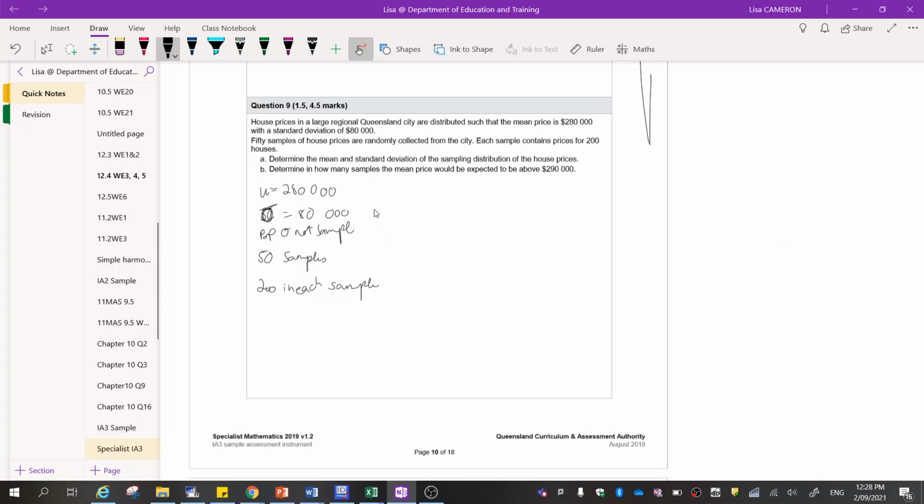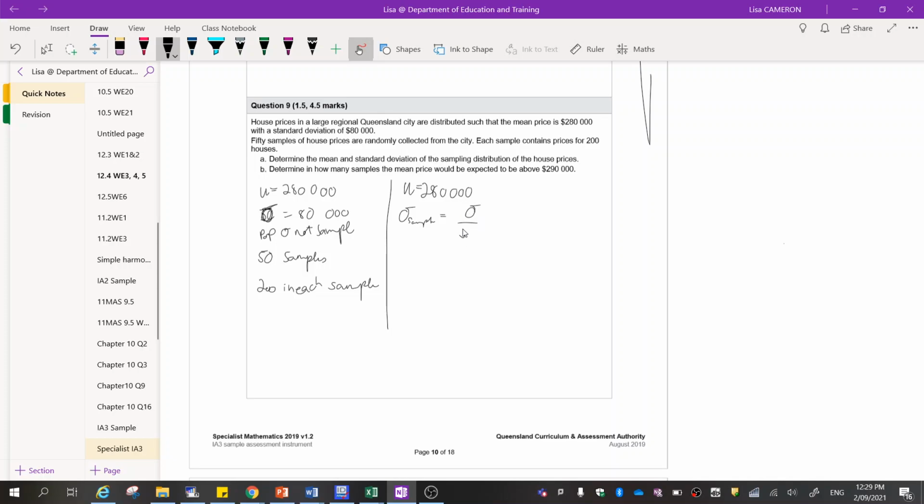Let's start solving. We're going to determine the mean and the standard deviation of the sampling distribution of the house prices. So for the sampling distribution, there are 200 in each sample. There might be 50 samples, but that's relating to something else. So first thing we're going to note down, μ is equal to 280,000, and the standard deviation of the sample is going to be equal to our formula.